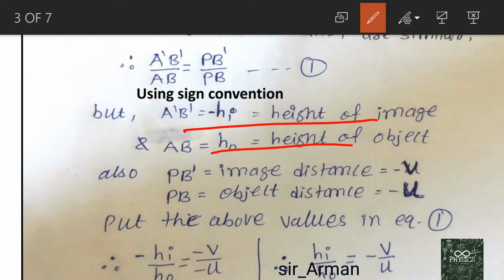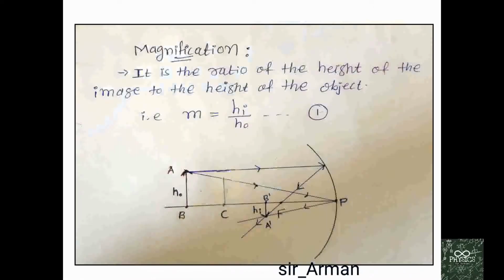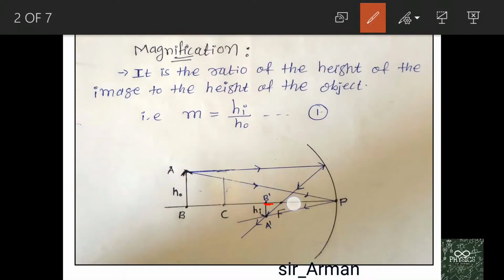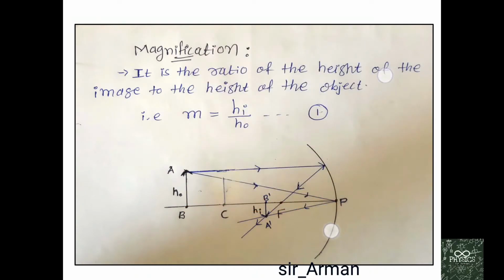And what is PB'? PB' is the image distance, and it is lying on the left of the mirror, so it is minus v. And what is PB? PB is the object distance, it is lying on the left, so it is minus u. So we can put those values directly, right?